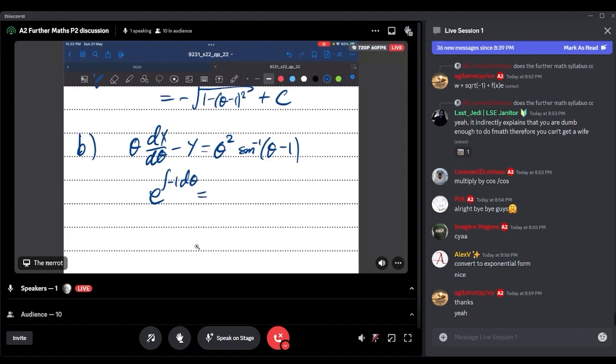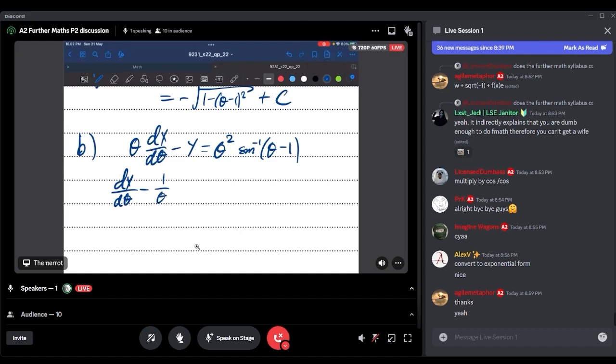Sorry, no, before you can do that, you have to make the coefficient of dy d theta 1 first. So you don't want this theta here. So we have to divide by theta first. dy over d theta is equal to minus 1 over theta y plus sine inverse of theta minus 1 over theta.